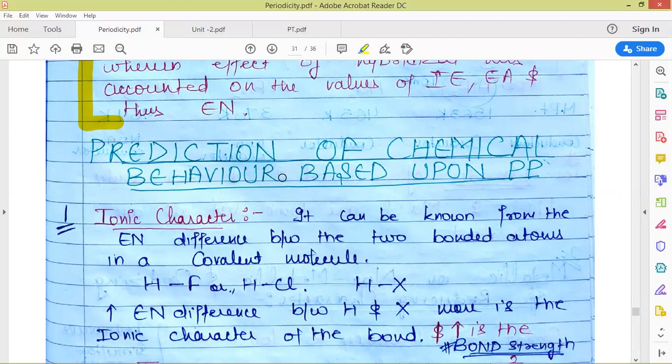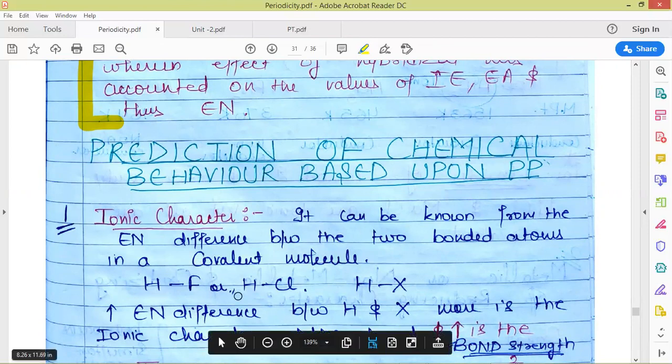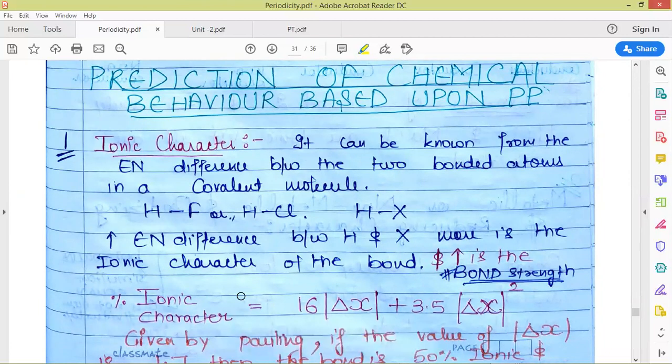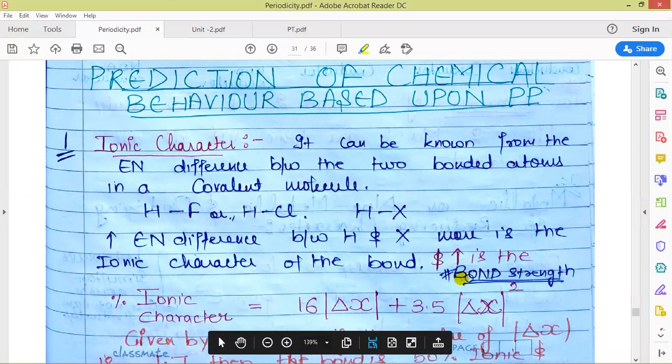Ionic character can be known from the electronegativity difference between the two bonded atoms in a covalent molecule. If we talk about some covalent molecule, say HF or HCl, the more the electronegativity difference, the more is going to be the ionic character of the bond, and the more is going to be the bond strength.